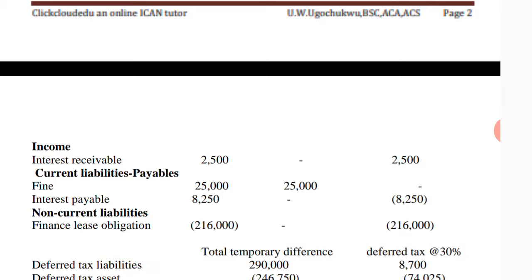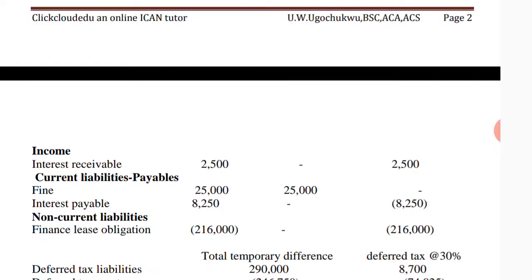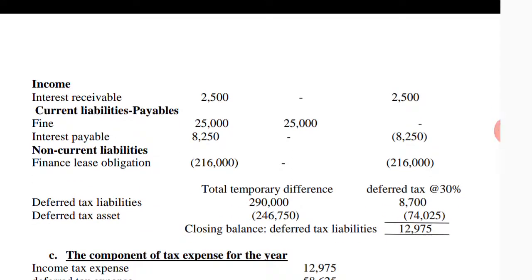So the interest payable, we have 8,250,000 as our deferred tax asset, or you want a deferred tax asset in future. Now, the finance obligation is a liability, and liability and expenses are the same.